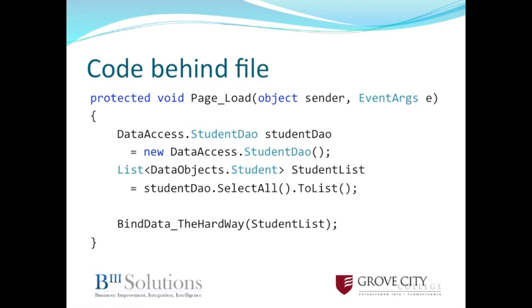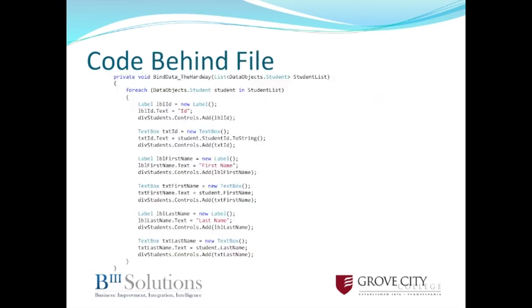First, we're going to look at binding the hard way. So basically, we have a for each loop in here that's iterating over each student in that list. And for each one, we're creating controls on the fly. We're creating some labels, some text boxes to show the data.